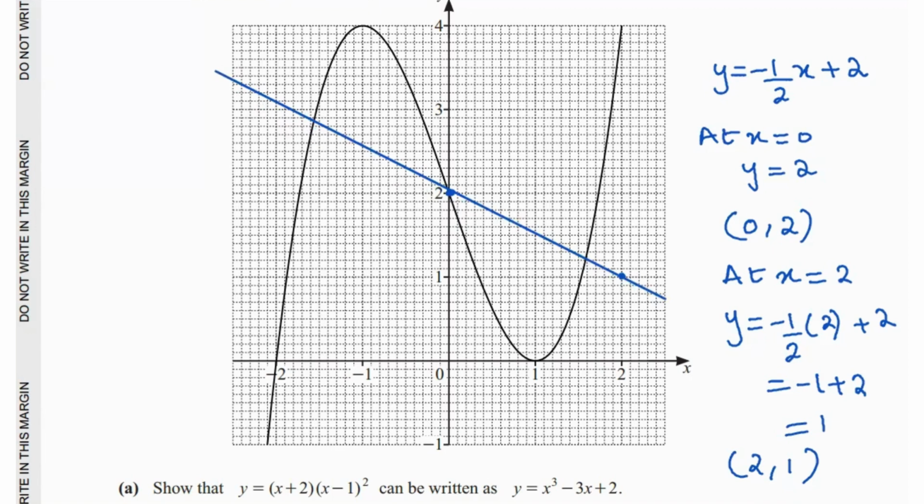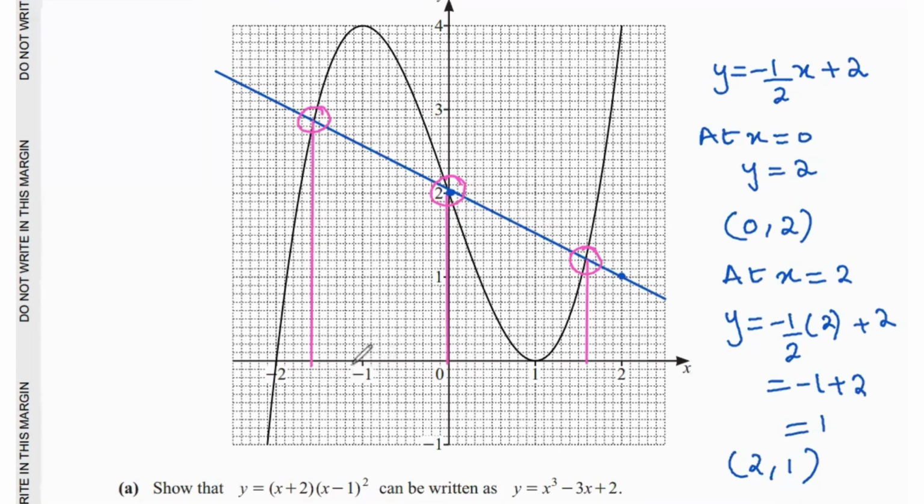we're getting 3 values for x. One over here, one over here, and one over here. This, and this, and this.